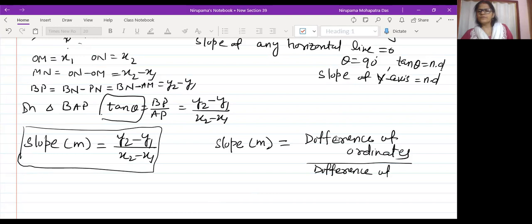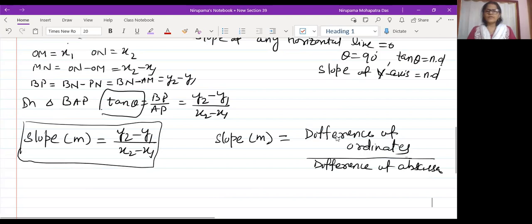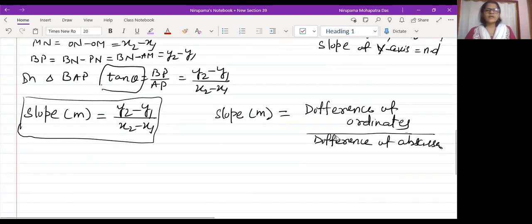The difference of y coordinates by the difference of x coordinates. If you take y2 minus y1 by x2 minus x1, it is fine. But if you take y1 minus y2, then in the denominator you have to take x1 minus x2, right? So now you can find the slope of the line joining two given points like this.